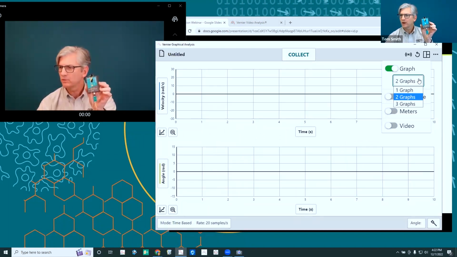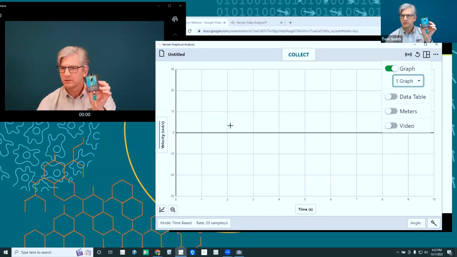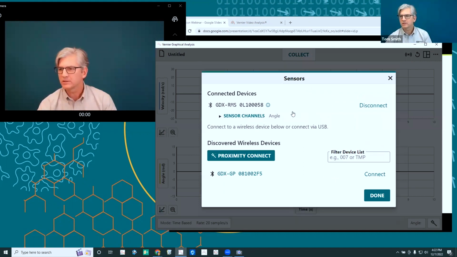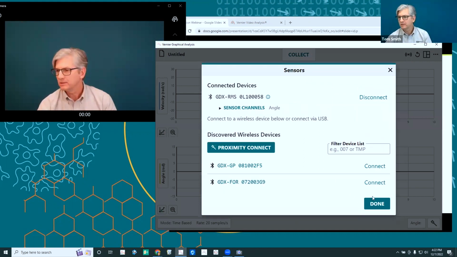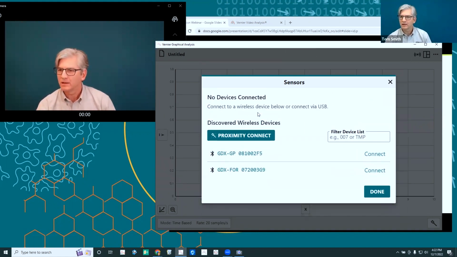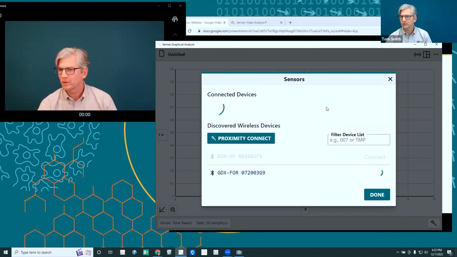I only need one graph here, actually, 2 graphs. I'll disconnect them and connect to my force sensor. There we go.